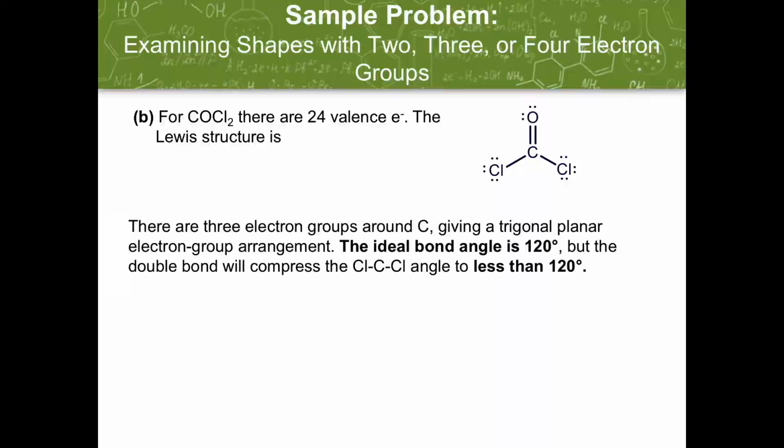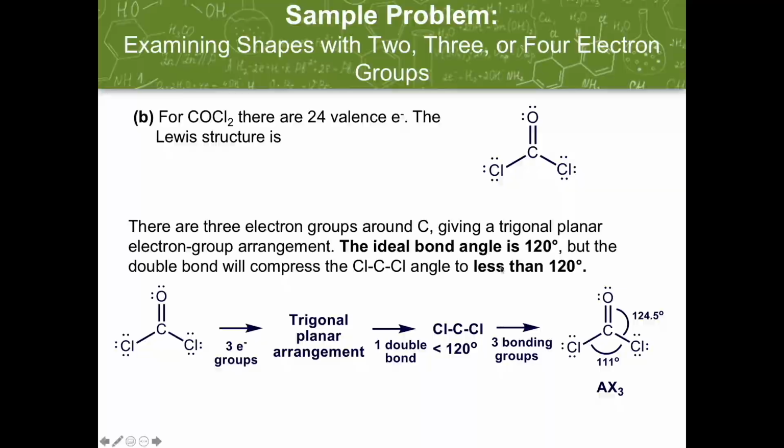And now we have to predict the bond angles. So the ideal bond angle in the trigonal planar arrangement is 120 degrees. But since the double bond between the carbon and oxygen will compress the bonds between carbon and chlorine, the angle should be approximately less than 120 degrees.